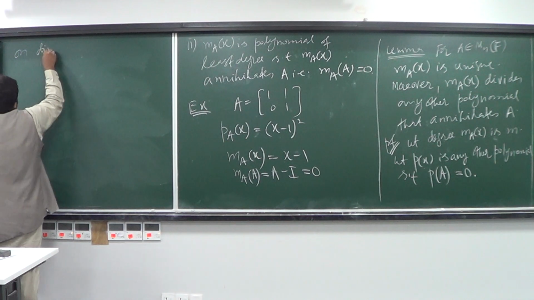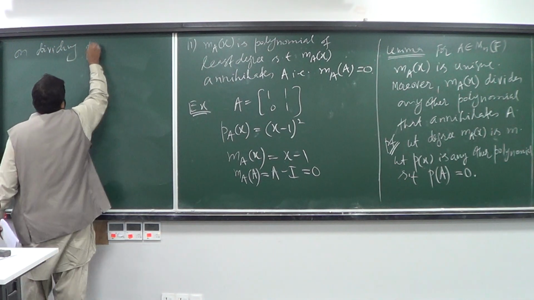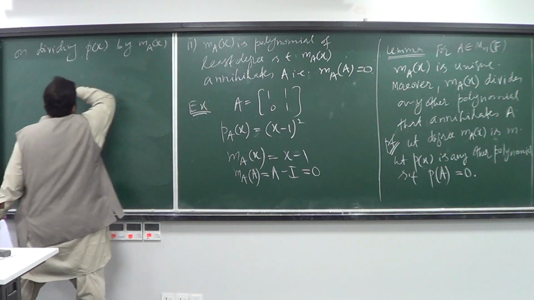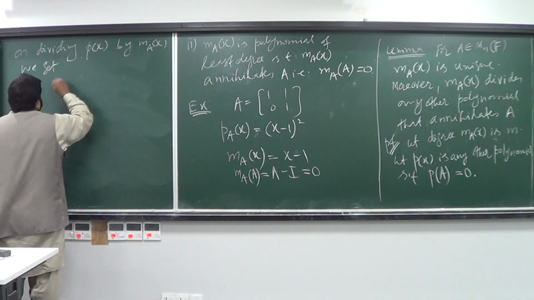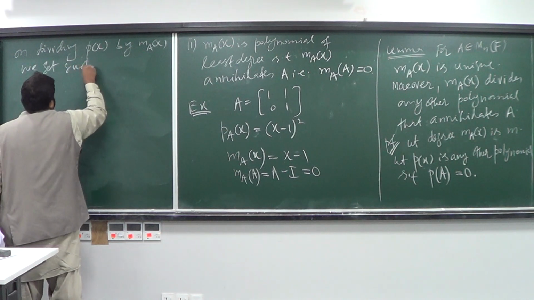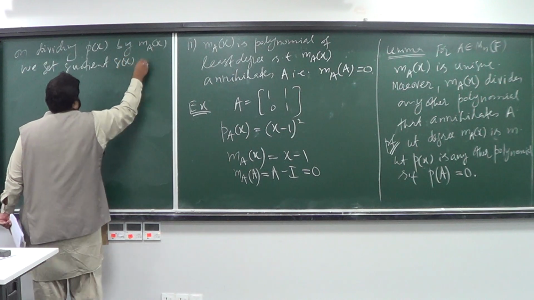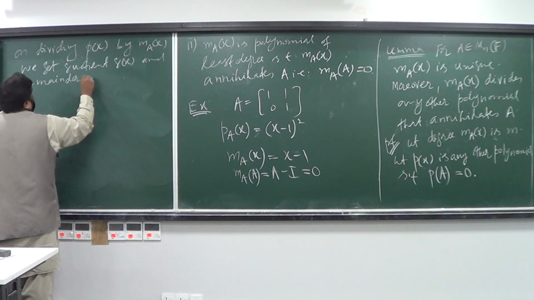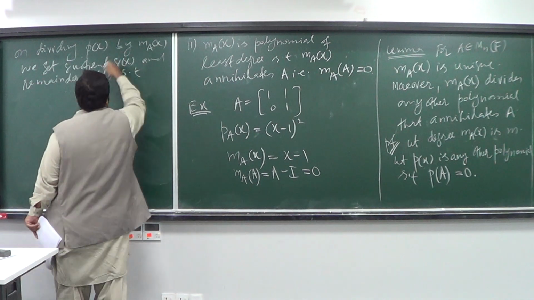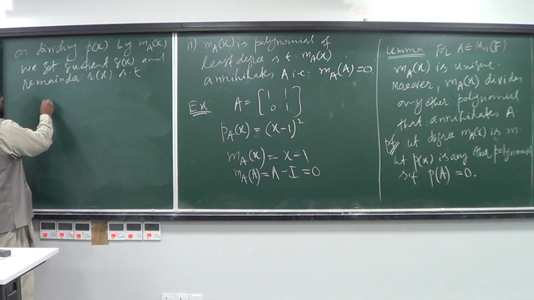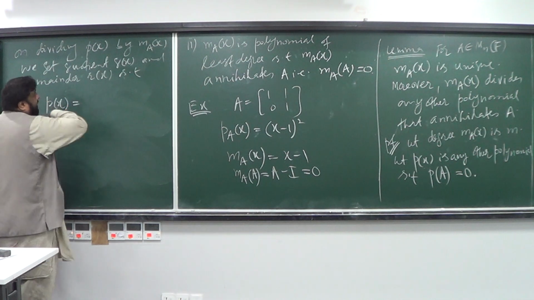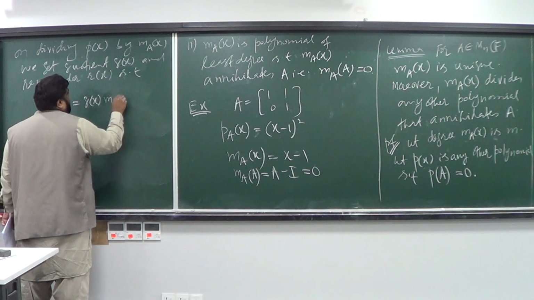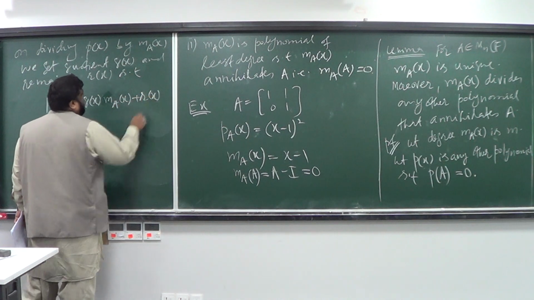On dividing P of x by MA of x, we get the quotient polynomial, let's call it Q of x, and the remainder R of x, such that P of x is equal to the quotient multiplied by the divisor, in other words MA of x, plus R of x.